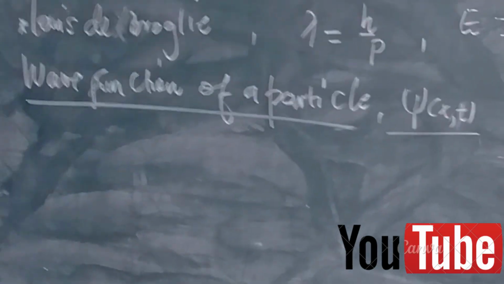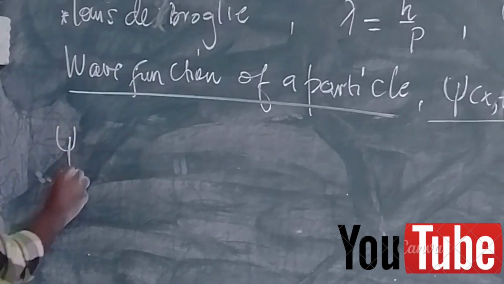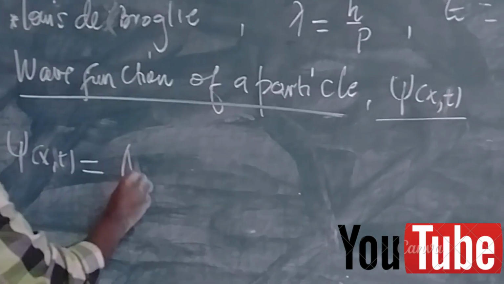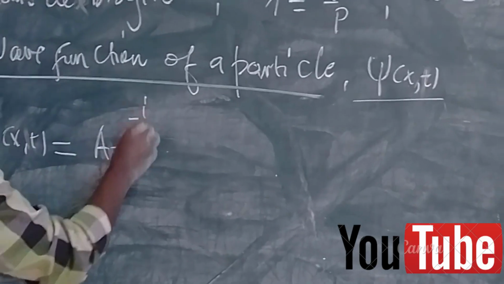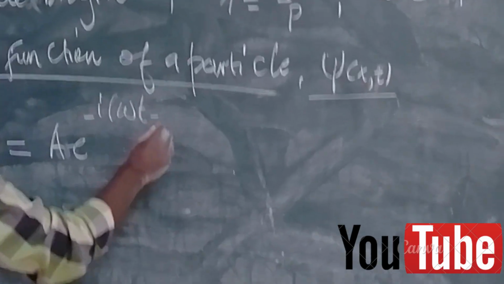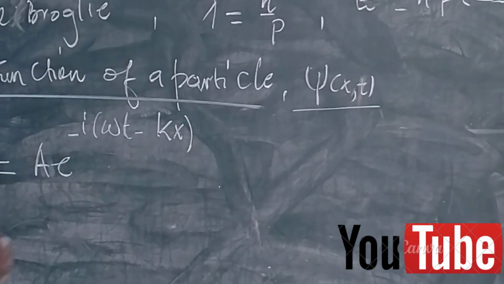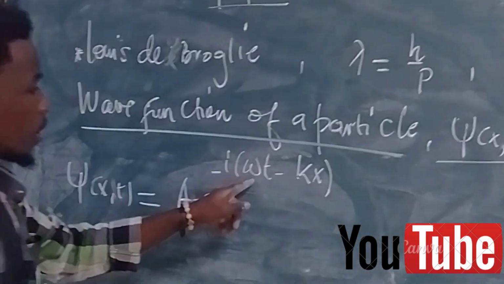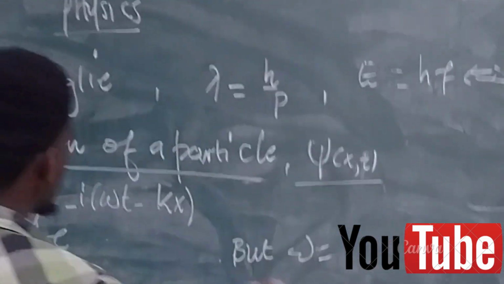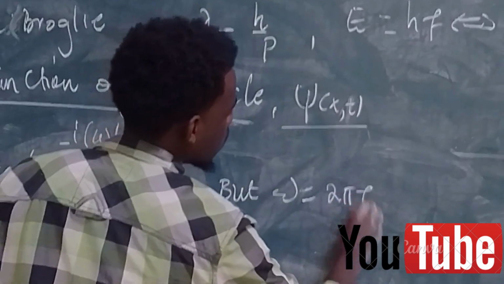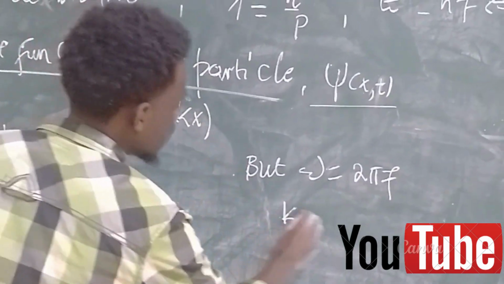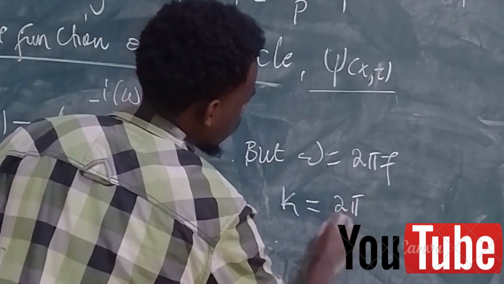So we start with psi of x and t, which is equal to A times e to the minus i (omega t minus kx). So remember, omega is equal to 2 pi times the frequency, and the wave number k is equal to 2 pi over the wavelength.